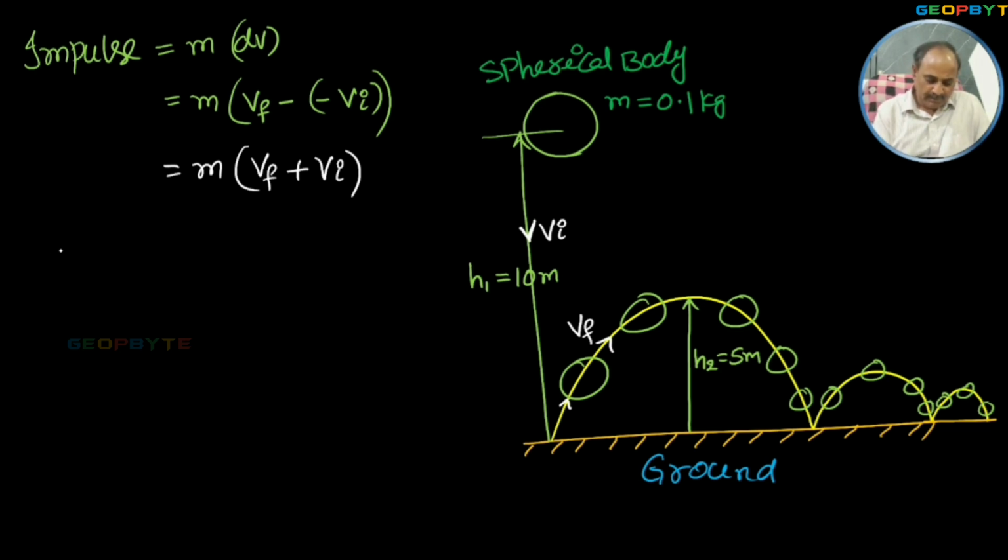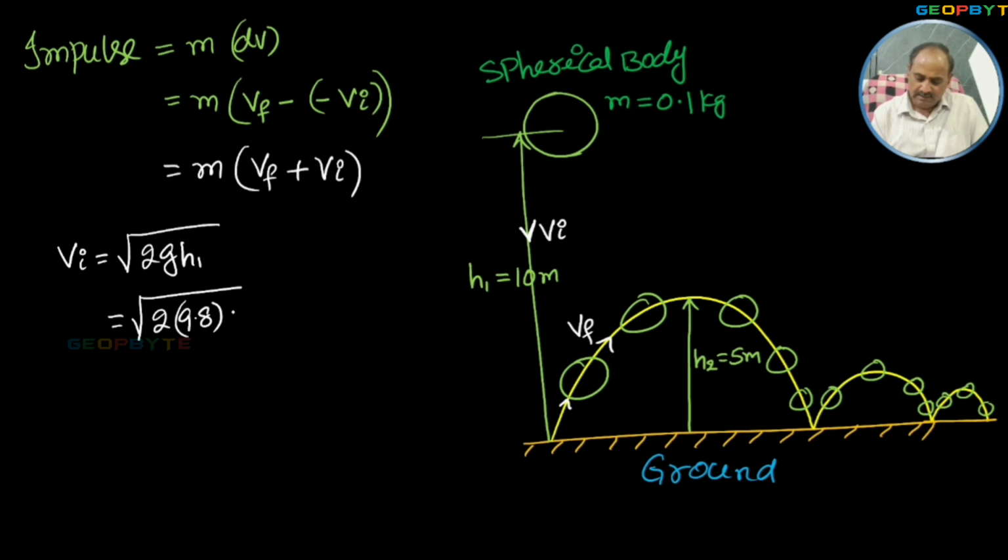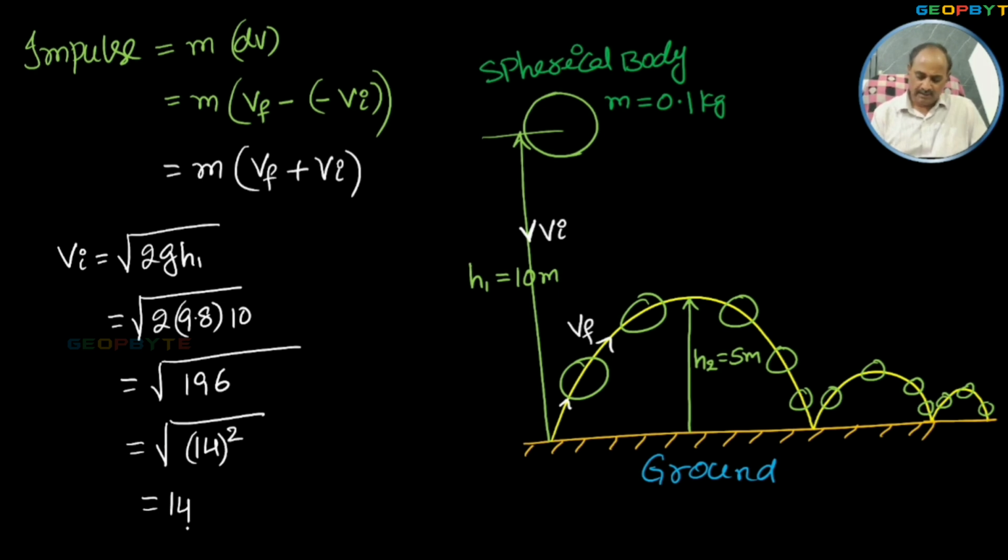As you know, the initial velocity equals root over 2g h1, which is root over 2 into 9.8 into 10. Simplifying, 98 into 2 is 196, and root over 196 is 14. In the same way I can find the final velocity.